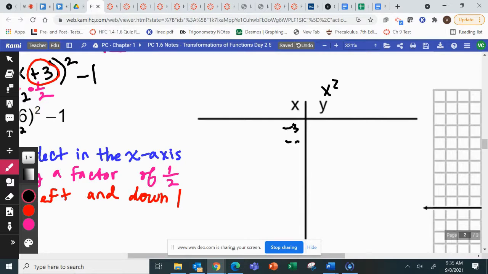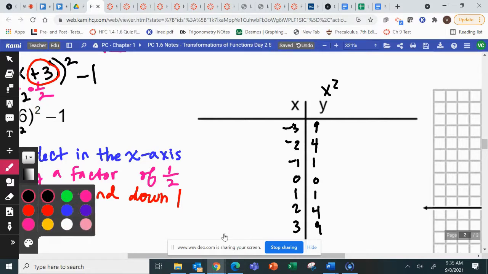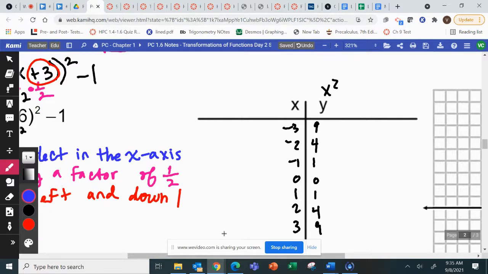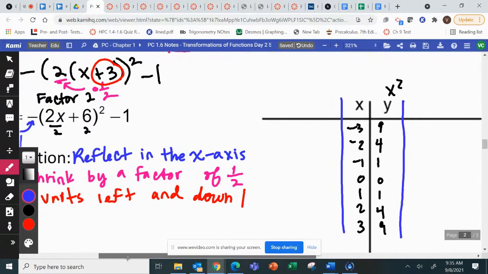This one's x squared, so I'm going to go ahead and make my parent function. The order that we write our transformations is: anything that is multiplied is the first thing we do. So on the y side, I'm multiplying by a -1.